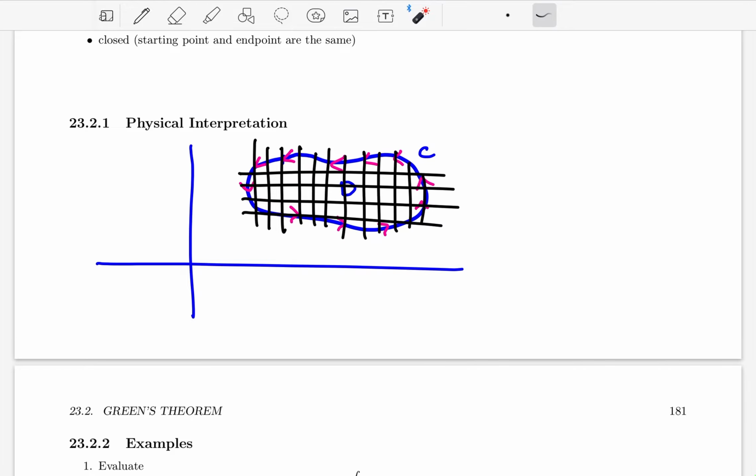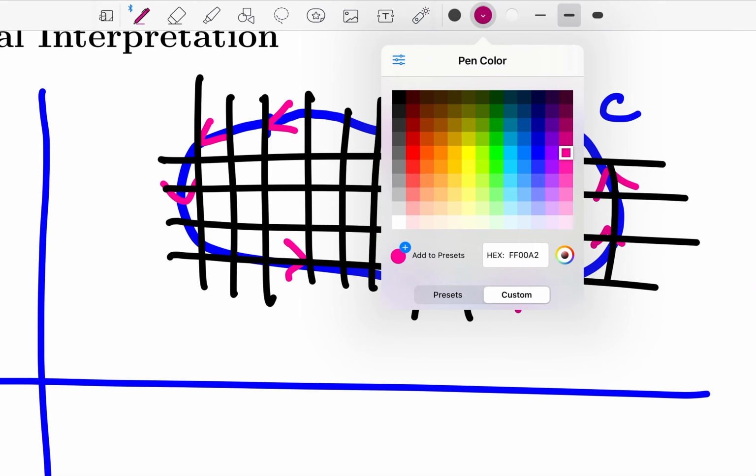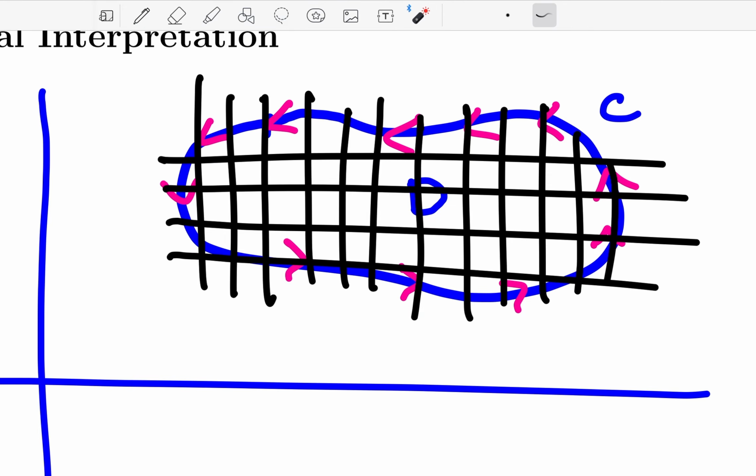If I focus on one of them, let's say here, there is some circulation. Everything has to be counterclockwise. So if I look at the circulation here, it's going to go in this direction as well, right? There is circulation in my vector field. So it has to go in that direction, okay?